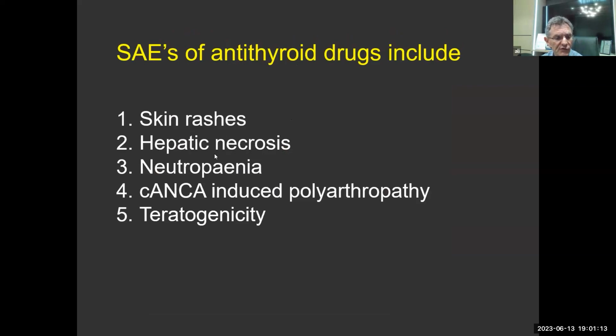Neutropenias are common, but you tell patients to look out for a skin rash, a tonsillitis or a sore throat, for which you check for neutropenia, and if they get very painful joint disease, they can often get propylthiouracil-induced polyarthropathy. And then in pregnancy, you tend to use drugs like PTU because there are teratogenic effects such as prune belly and the abdominal wall not fusing properly in individuals.